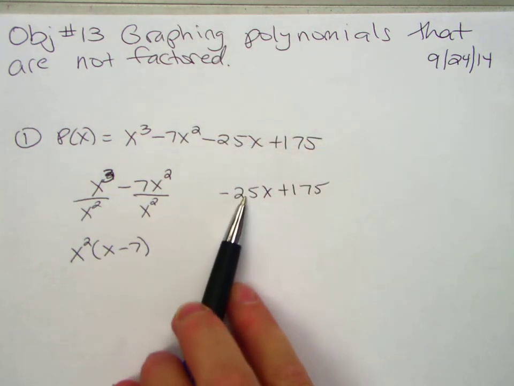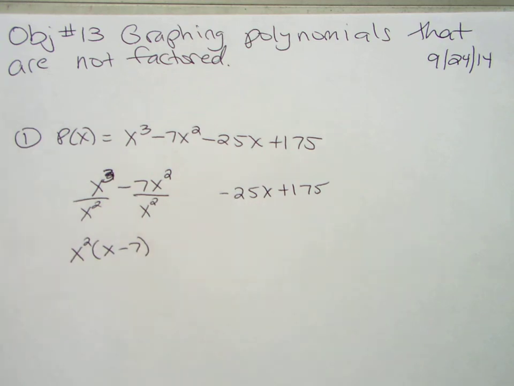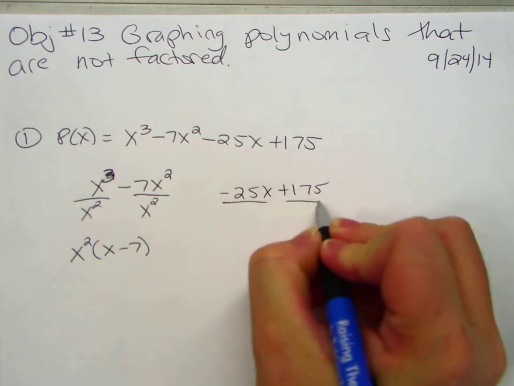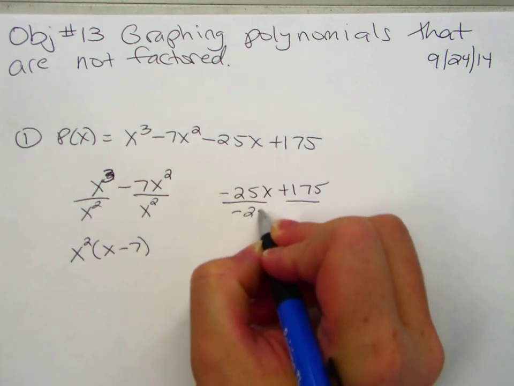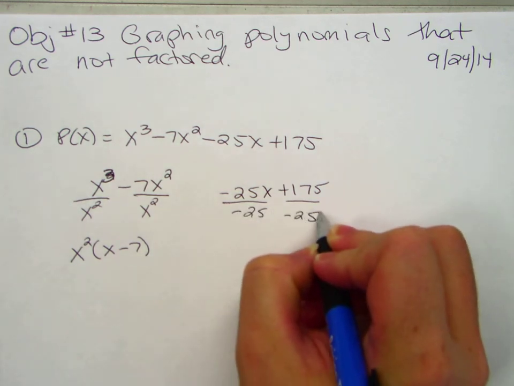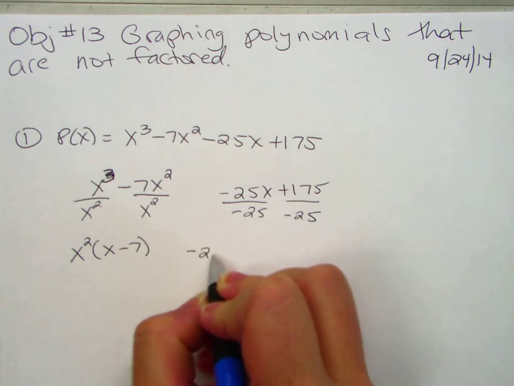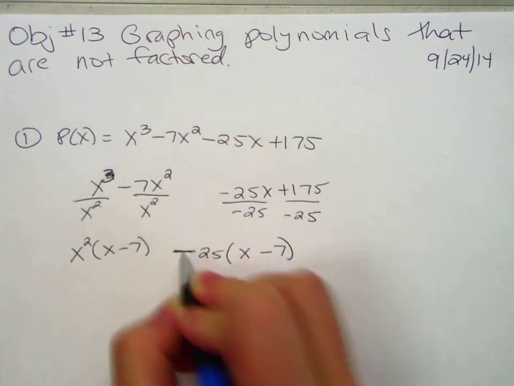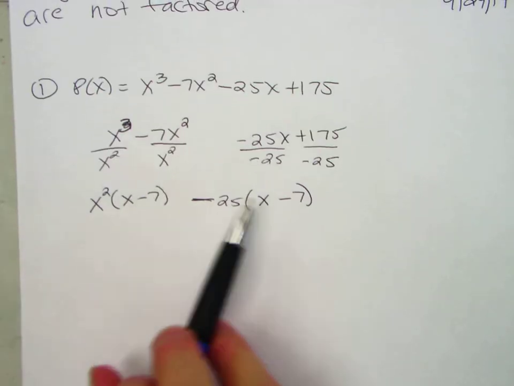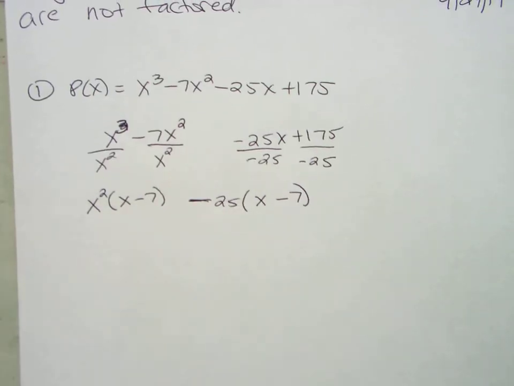If the first number is negative, you factor out the negative. What goes into both of those? Negative 25. And you get minus 25 times (x minus 7). Now notice in both of these you have an x minus 7.